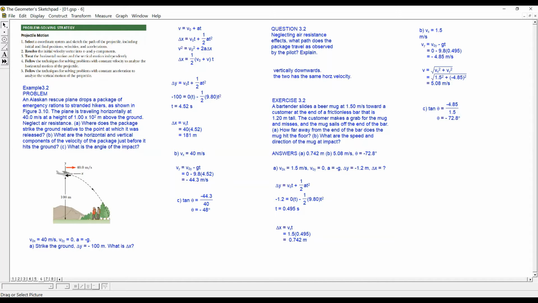So when you release from the aeroplane, you possess the velocity of the aeroplane. That is the horizontal motion, 40 meters per second. Then because the package is not thrown down, it is just dropped, the vertical component of the velocity is 0. So we have here horizontal 40, vertical 0.